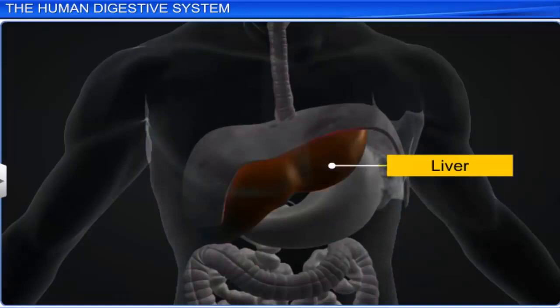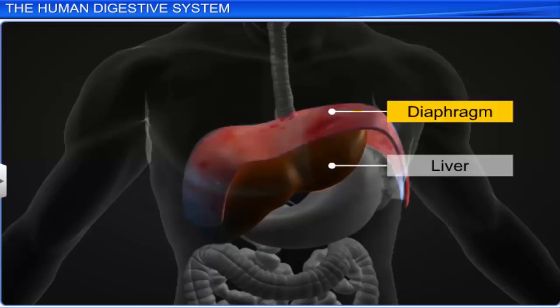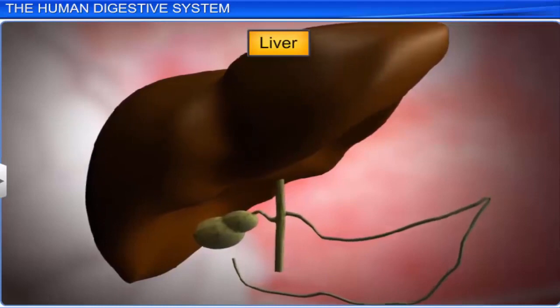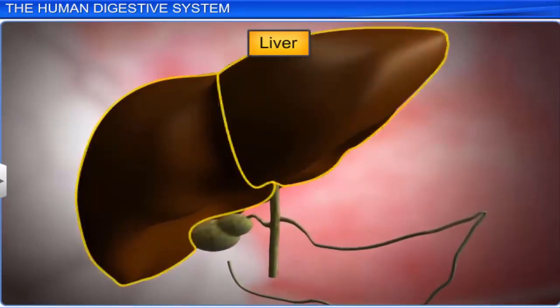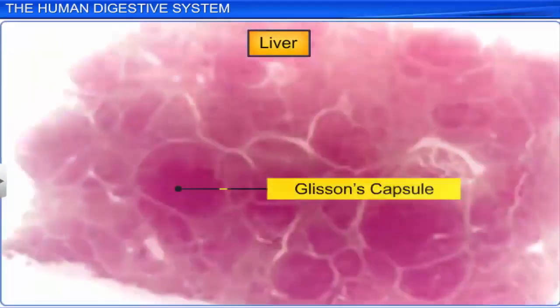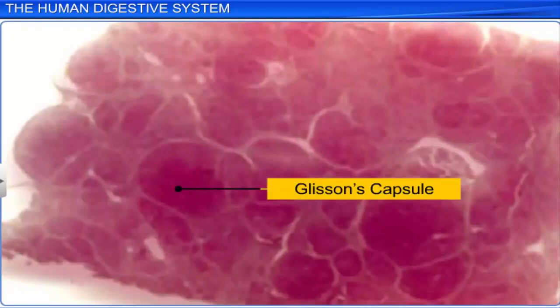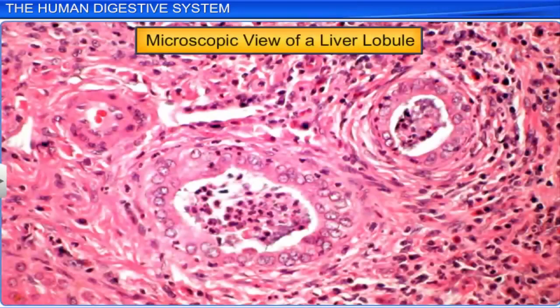The liver, the largest gland of the body, is located in the abdominal cavity, just below the diaphragm. It has two hepatic lobes, which are covered by a thin connective tissue sheath called the Glisson's capsule. These lobules contain hepatic cells called hepatocytes, which are arranged in the form of cords.